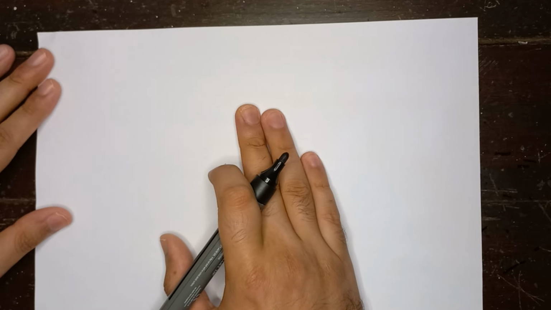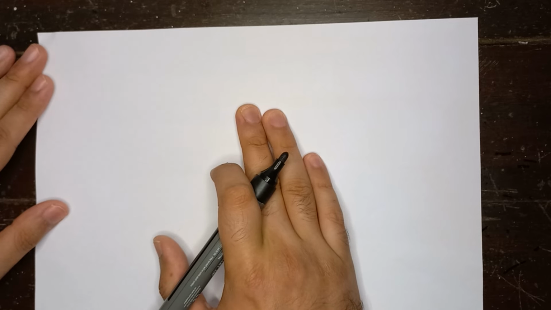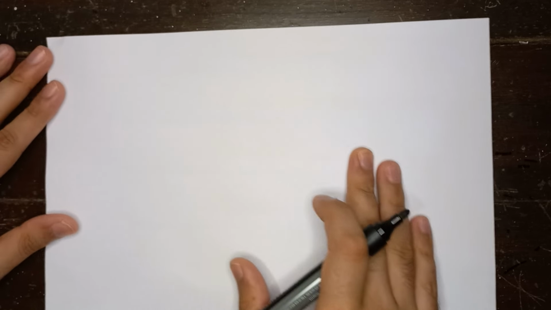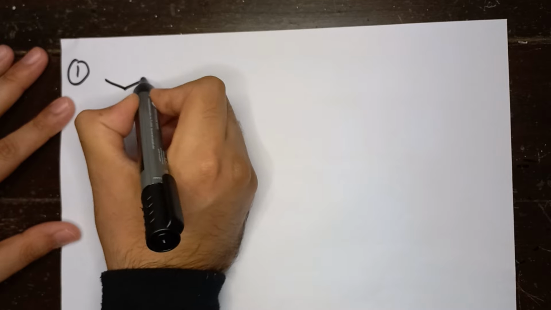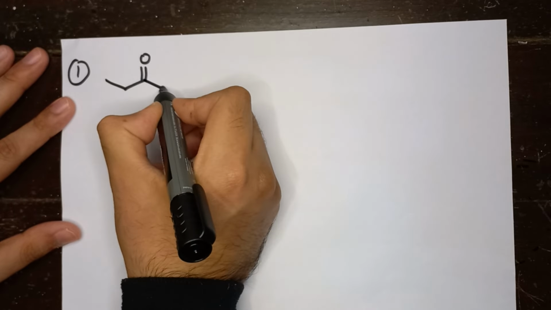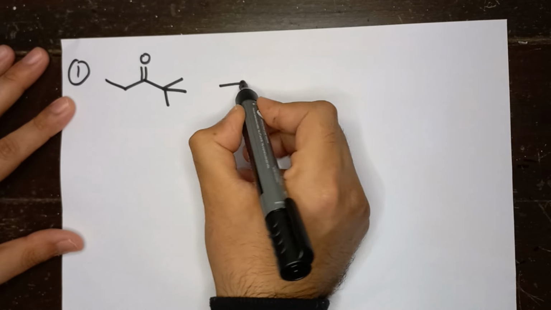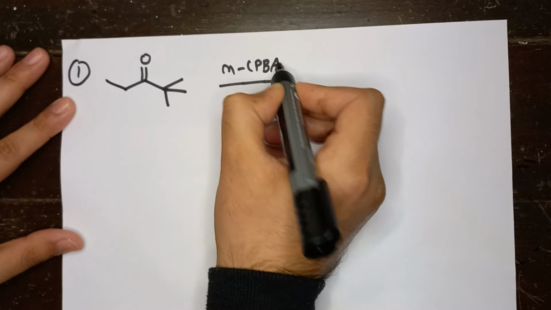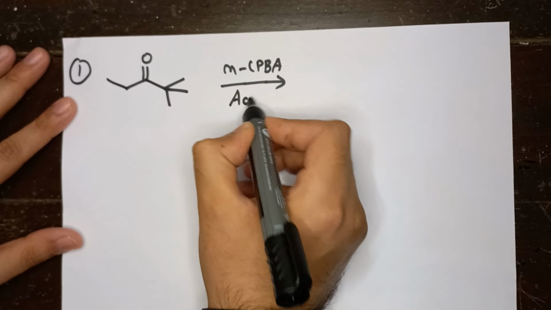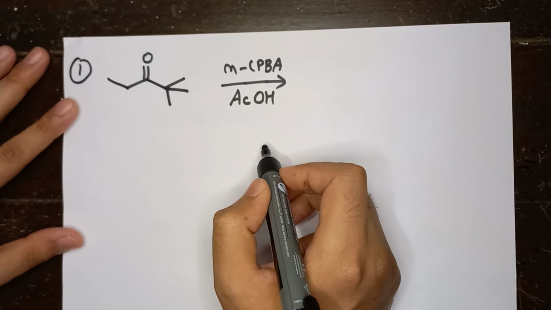Okay, so this is very important in terms of your exams. So make sure you take a note for every reaction. So the first example is, let's say I have this molecule. Okay, and I'm doing Baeyer Villiger oxidation by using m-CPBA under acidic condition, that is acetic acid. So what is the product?